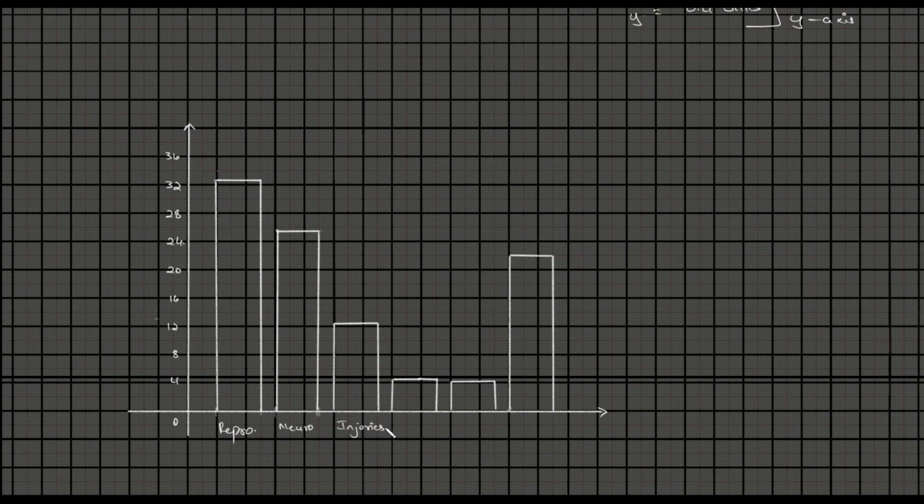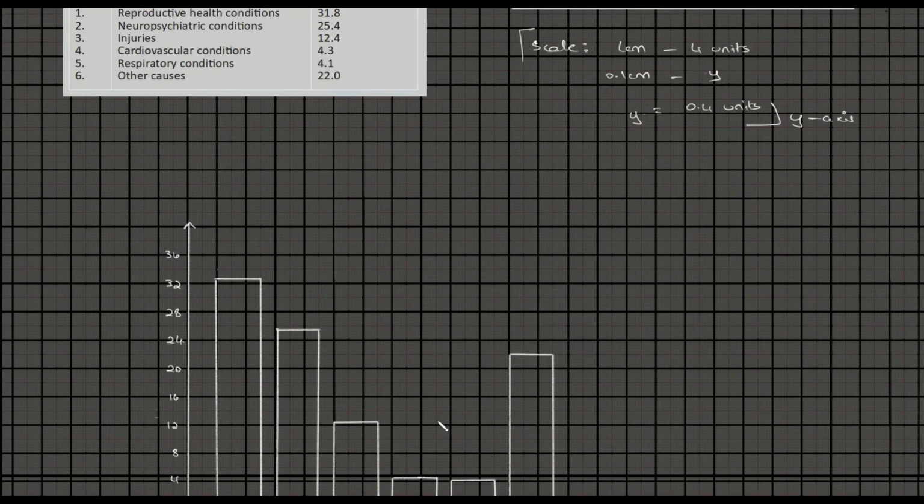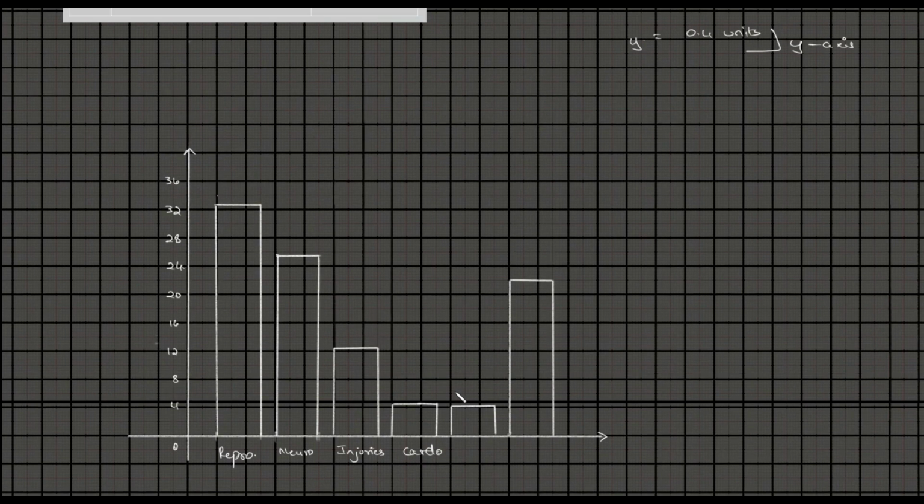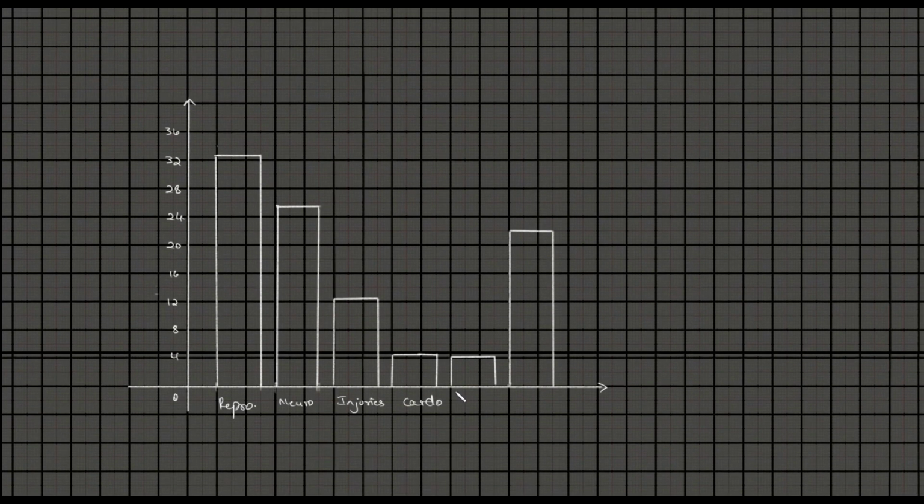See, all of this can be understood in a very detailed manner. What is the cause of this? What kind of injuries can a person have that leads to death and everything? Cardiovascular. So here you can understand what cardiovascular conditions are, then understand how to help people out.